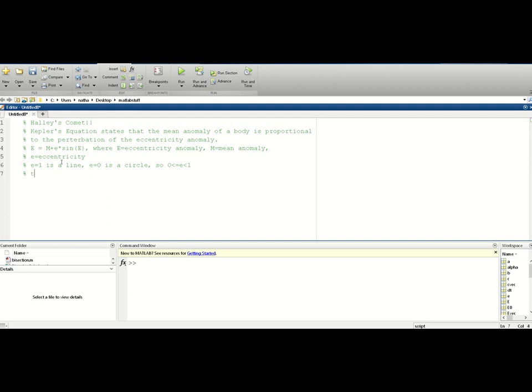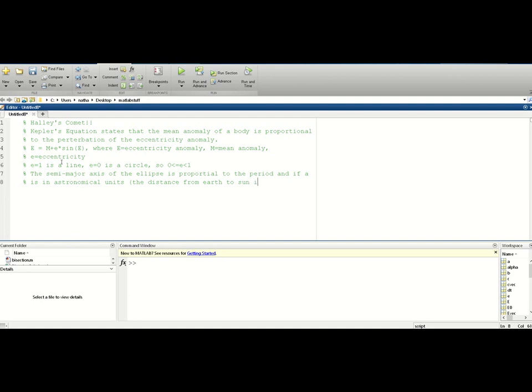Also, the semi-major axis of the ellipse is proportional to the period through... and here, let's say, if A is in astronomical units, distance from Earth to Sun, right?